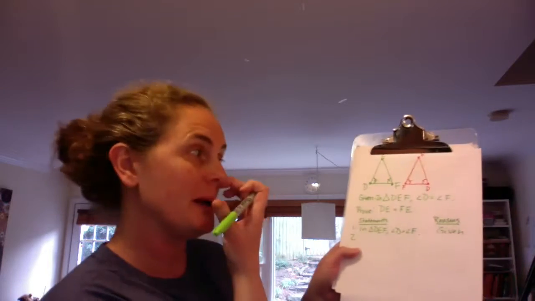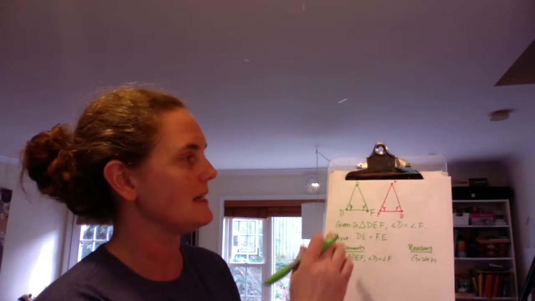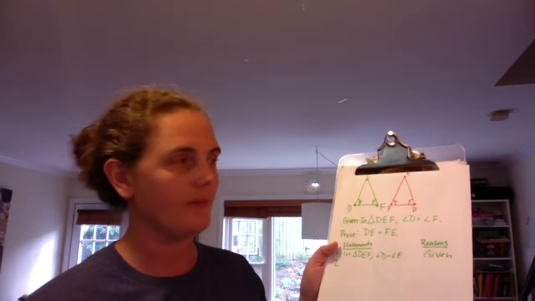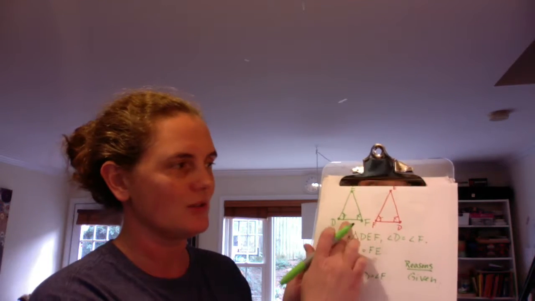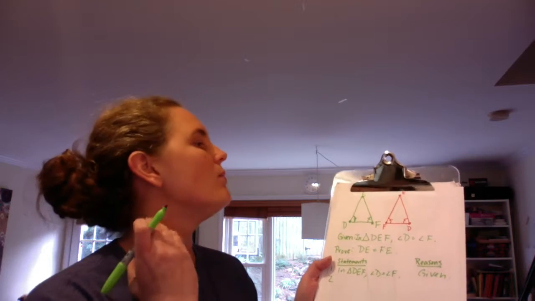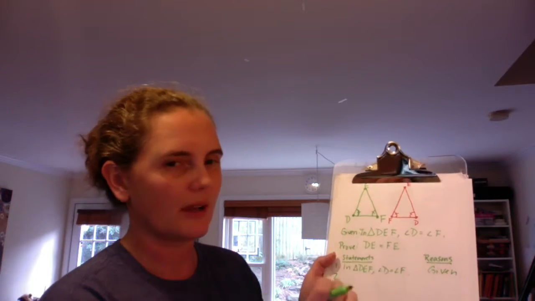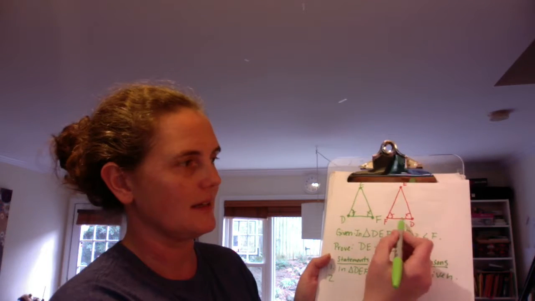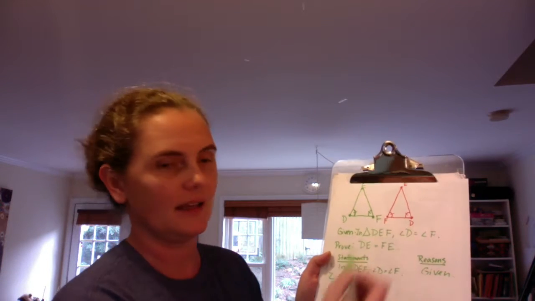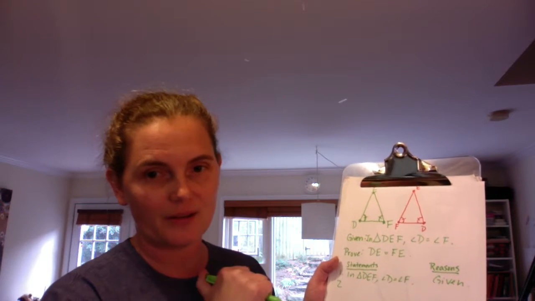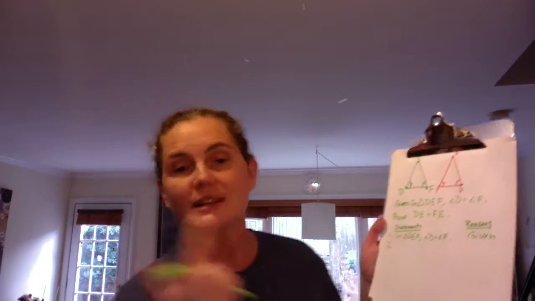Since we know that angle D is equal to angle F, let's think about our strategy. If we've got these two triangles, and we can show that this is the same as that, then we've got angle side angle congruence.